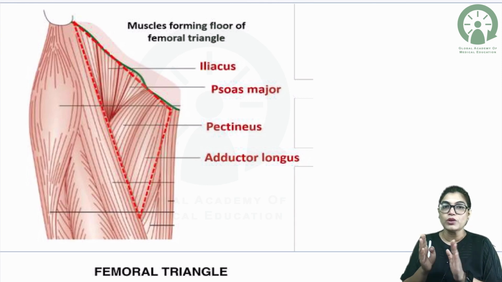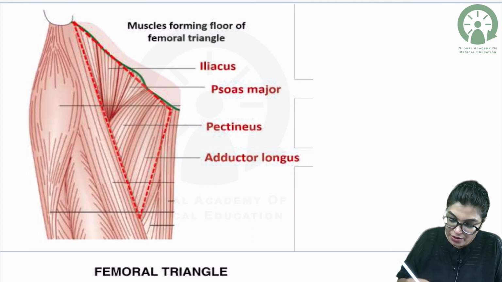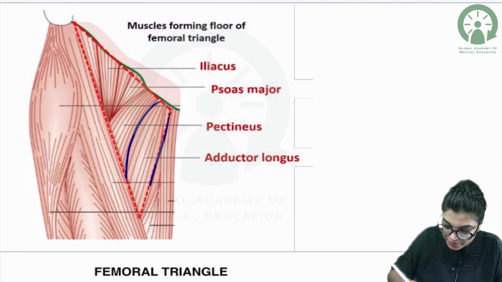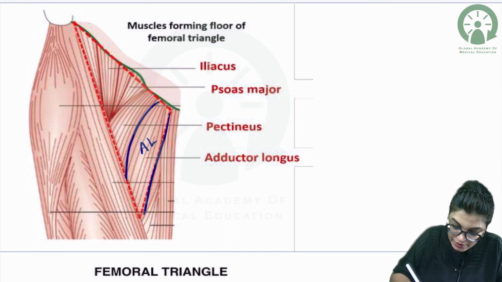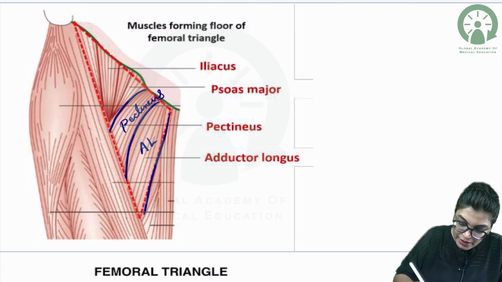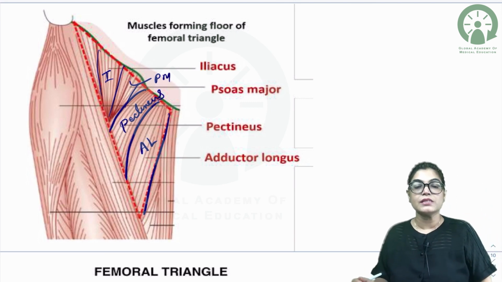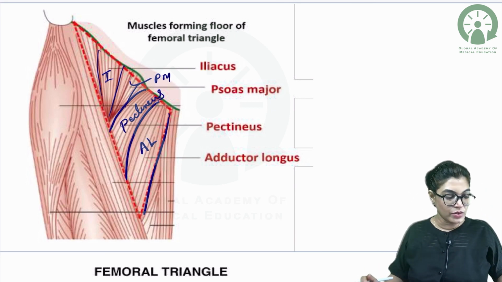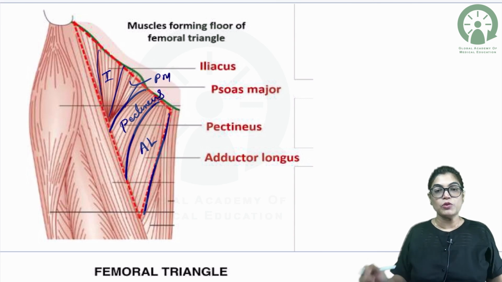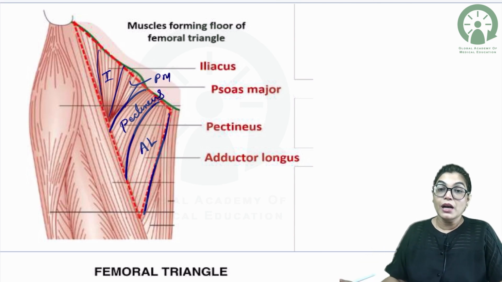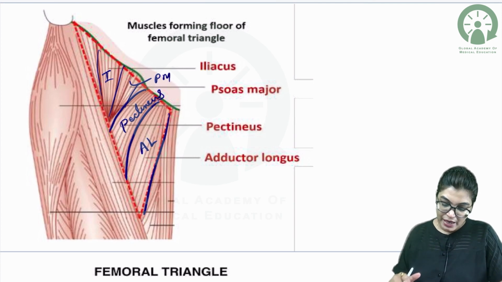In this diagram, you can appreciate the muscles forming the floor of the femoral triangle: adductor longus, pectineus, psoas major, and more laterally the iliacus muscle. These four muscles form the floor. You can remember them from medial to lateral by the mnemonic API. I will write that, don't worry.